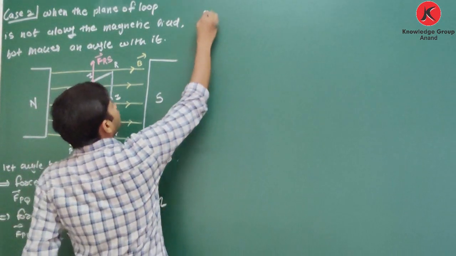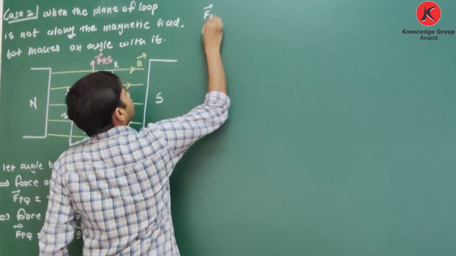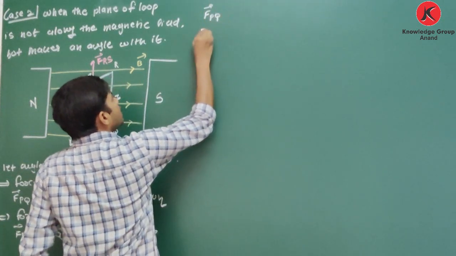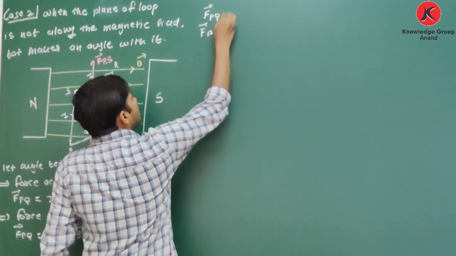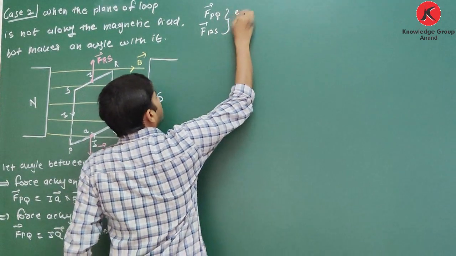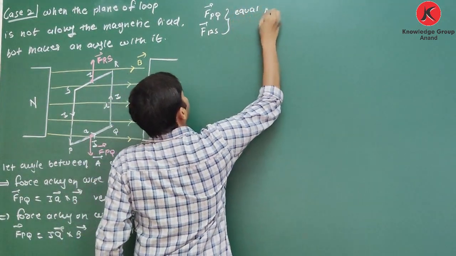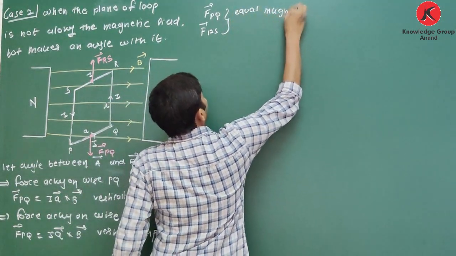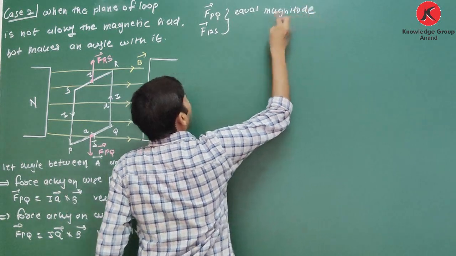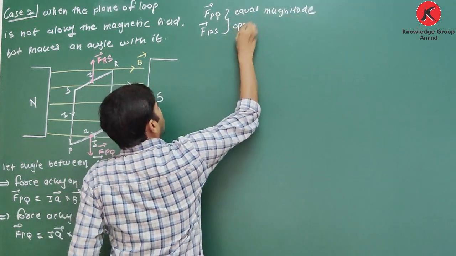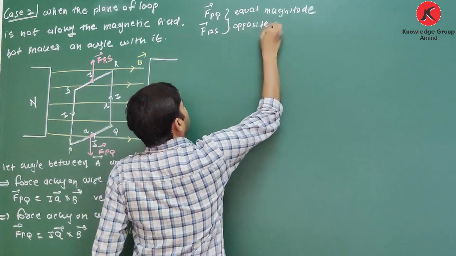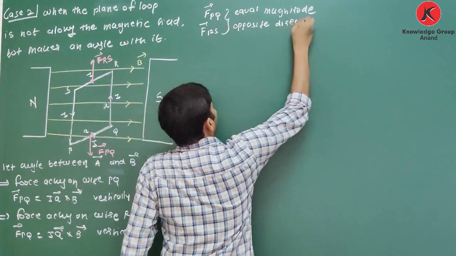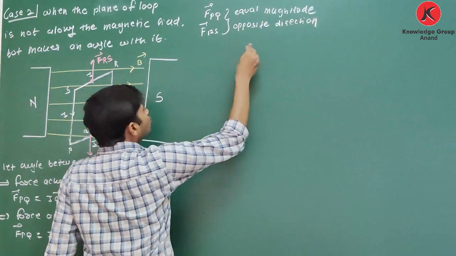Then how to write? See, F PQ and F RS both have equal magnitude, opposite direction, and they are collinear.